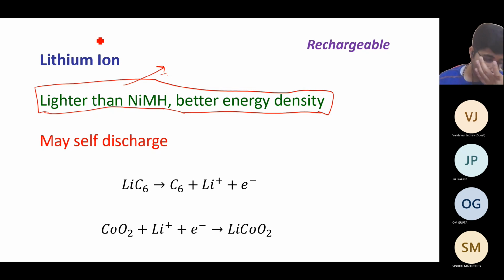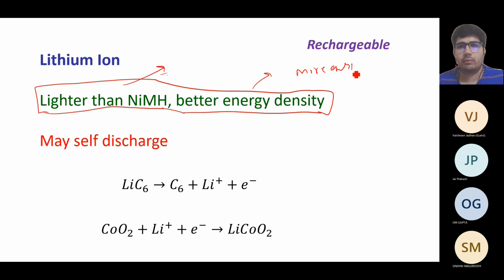So lithium-ion battery is lighter than nickel metal hydride batteries, and also has better energy density. Energy density means more energy per kg, or per liter.